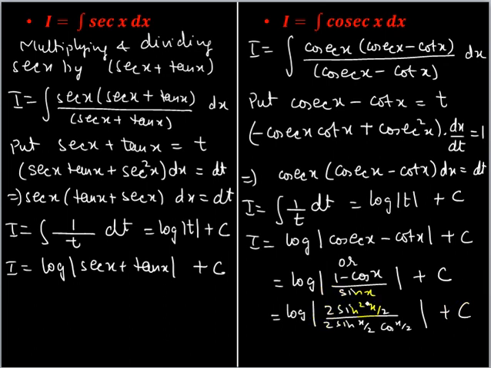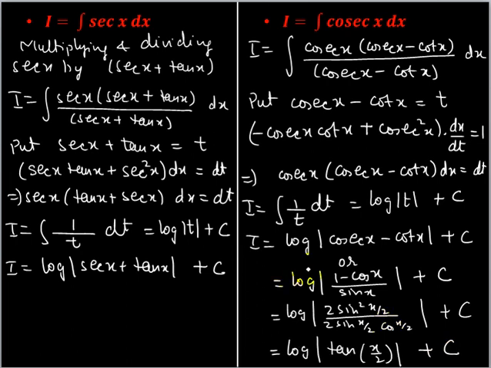So you can see 2 gets eliminated, sin x by 2 gets eliminated. And what are we left with? Sin x by 2 divided by cos x by 2. That will become tan x by 2. So the integral of cosec x can also be written as log tan x by 2 plus constant of integration.